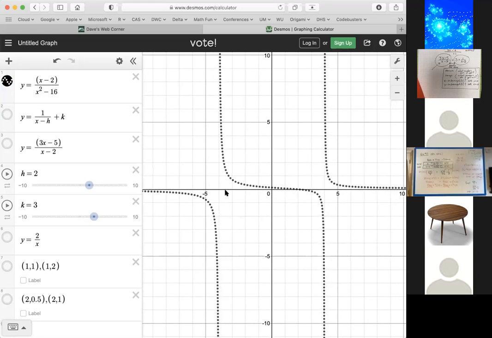Where'd that come from? But now you understand a little bit about where it came from. Do you see that the 2 accidents are at 4 and minus 4? The 2 places I cannot go when x squared minus 16 is equal to 0 are 4 and minus 4. Do you see this? Let me make that line solid red.